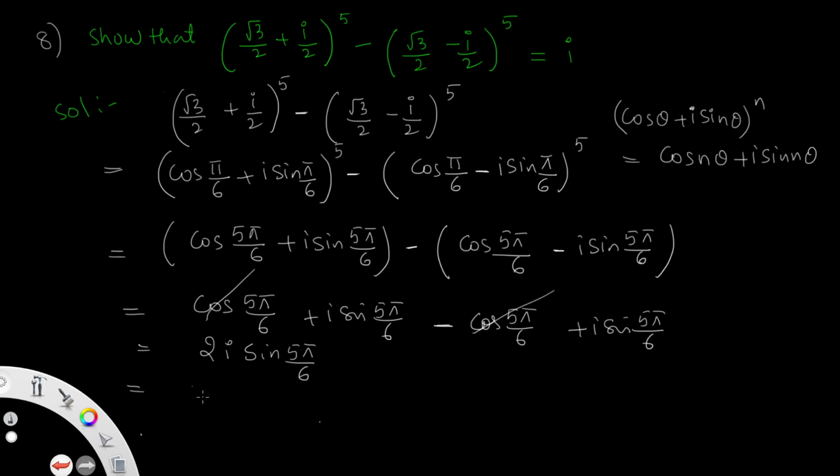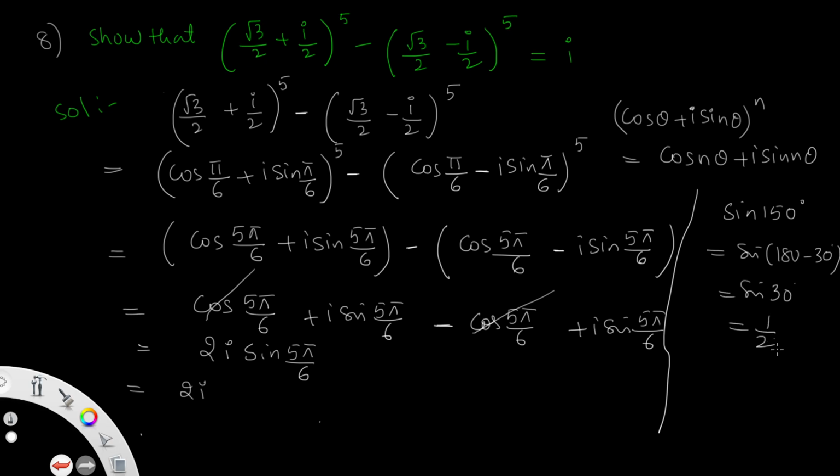What is the value of sin 150? Sin 150 is sin of 180 minus 30, so nothing but sin 30. Sin 30's value is 1 by 2. Now substitute 1 by 2, so 2 times 1 by 2 times i gives i. Hence proved.